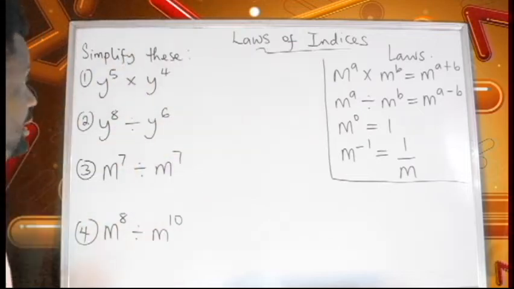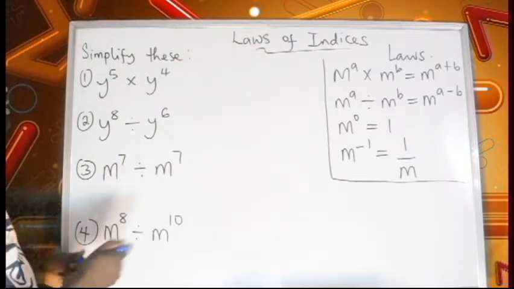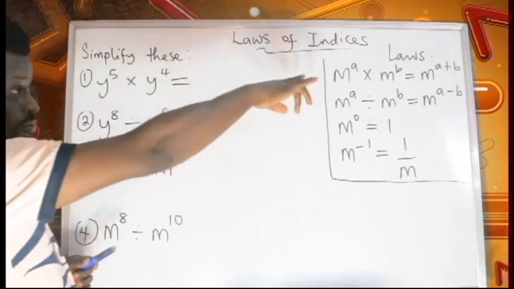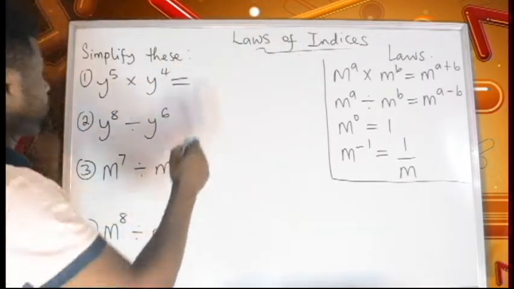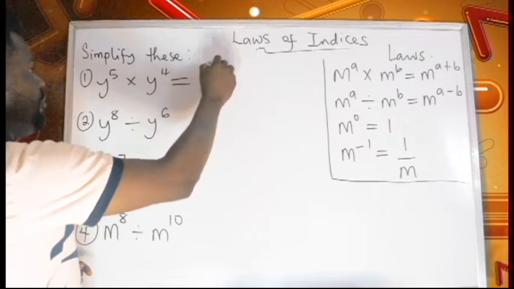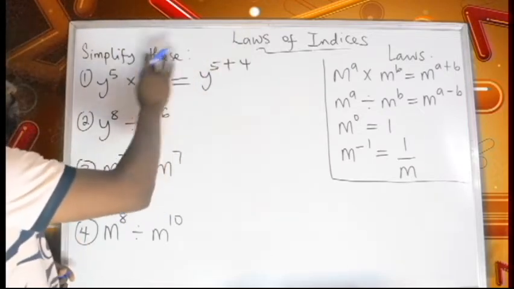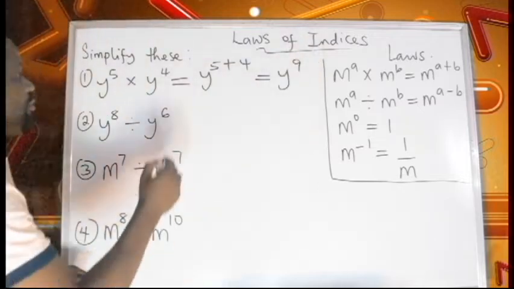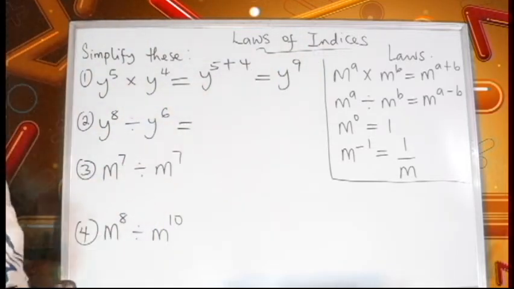So let's look at these examples to clarify the laws. The first one is multiplication, which signifies the first law. This is y raised to power 5 plus 4. Just add up the powers, and that's y raised to power 9. We're done with it like that.